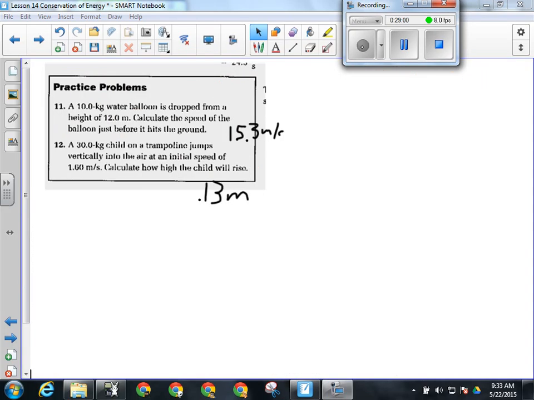So, real simple here, guys. We started out, and all law of conservation of energy problems start out with this Ei equals Ef, because that's what the law of conservation of energy is. How do I know the difference between a law of conservation of energy problem and a work energy theorem problem? It's going to talk about 2 points for sure.